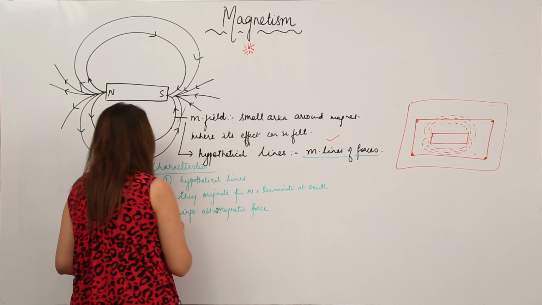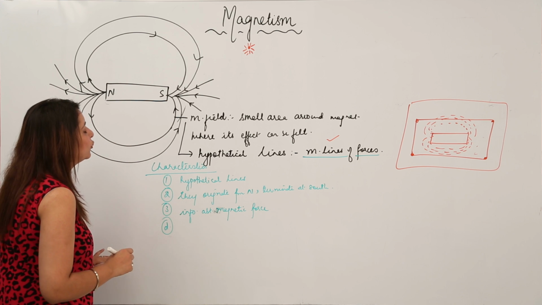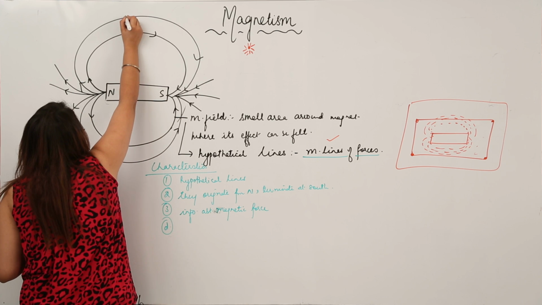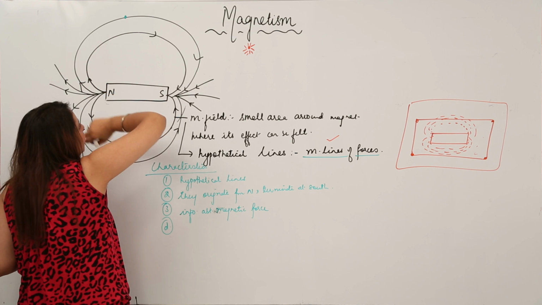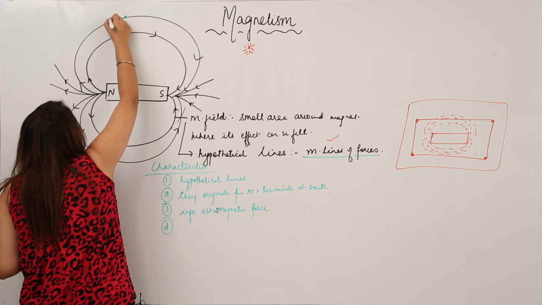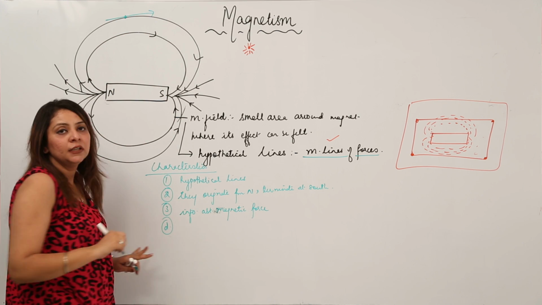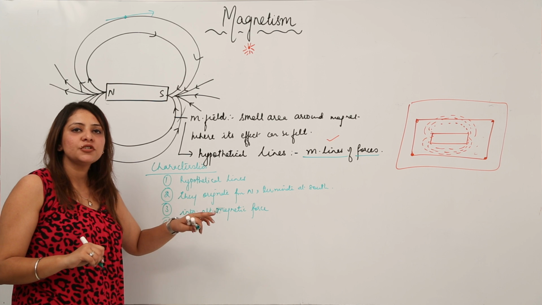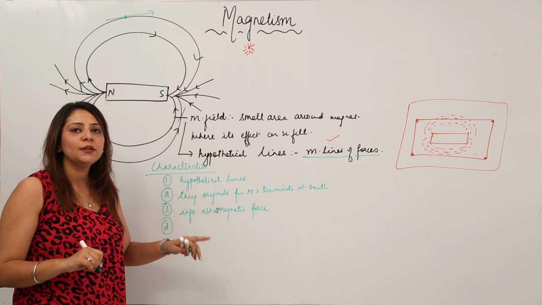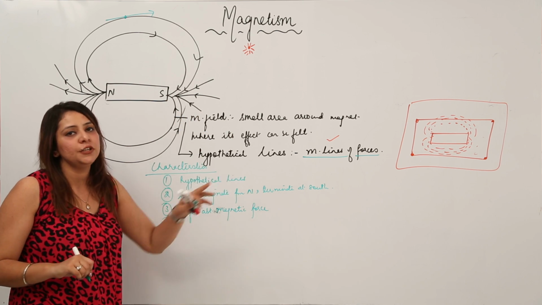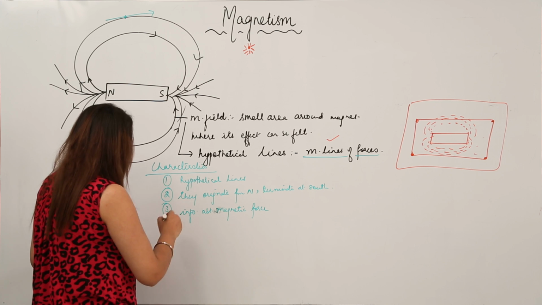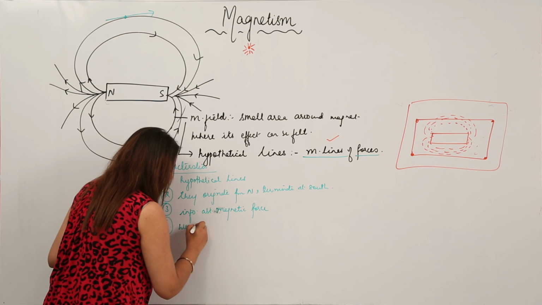If I want to see the magnetic force direction at any point, let's say at this point, I am going to draw a tangent to it. The direction of force is that which the pointer of the tangent points towards.